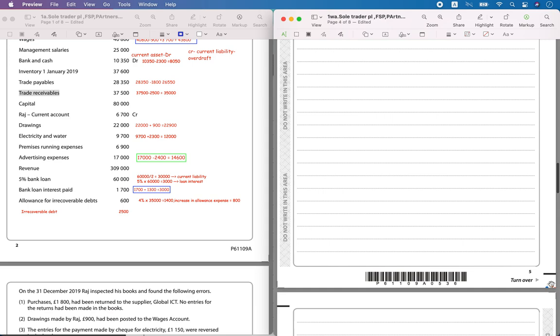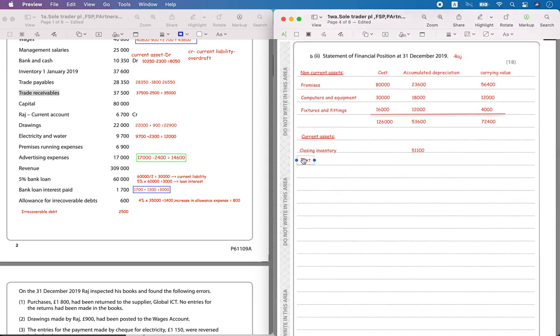This has already been adjusted in one of the previous videos, where there was an error correction and income statement preparation. So trade receivables minus irrecoverable debts, 37,500 minus 2,500, that is going to be around 35,000. So let's put the trade receivables that is with the business.